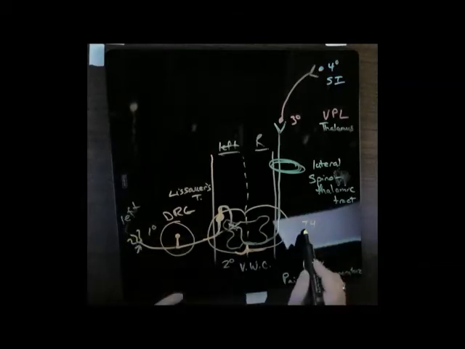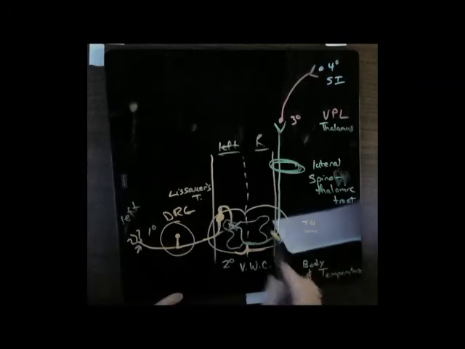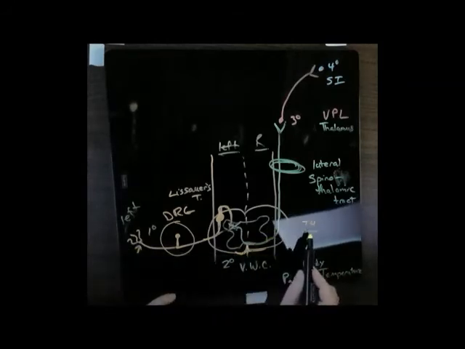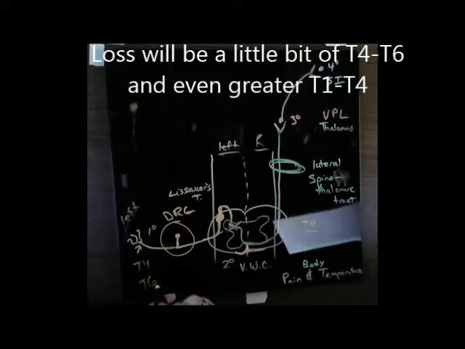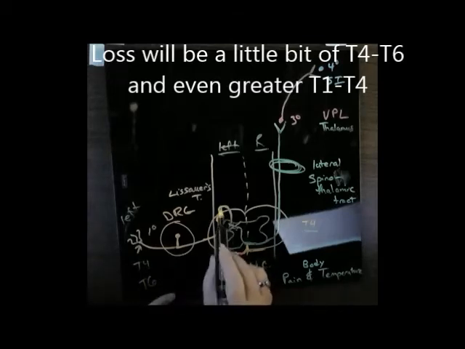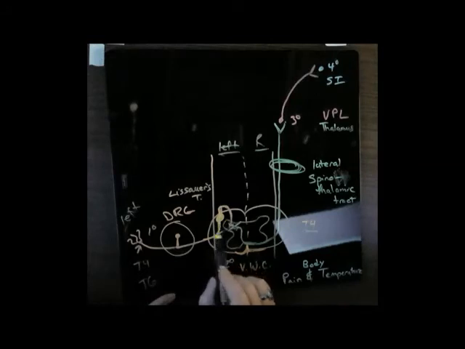If this is the T4 segment of the spinal cord, then you're actually going to have a loss from T4 a little bit, but also down to T6. And that is because of this little bit of spreading of the pain information out within Lissauer's tract. Okay, so some of the fibers will come in here and synapse right away.